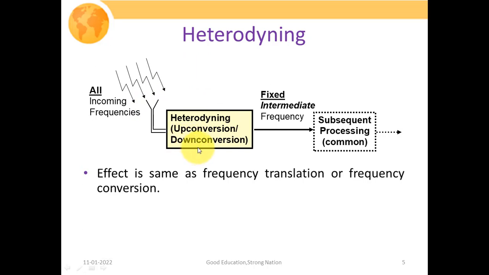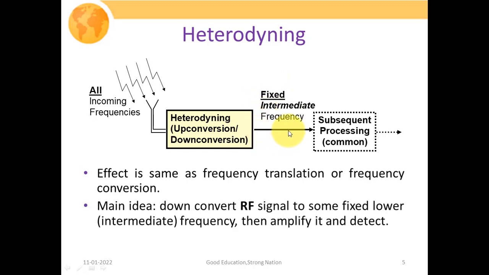That is, while receiving our signal we translate it onto another frequency signal, which is a fixed intermediate frequency. We already discussed intermediate frequency when we studied the TRF receiver, where we covered various intermediate frequencies for different applications. Here the idea in the super heterodyne receiver is to down convert our incoming RF signal to a lower or intermediate frequency, then perform subsequent processing. This is the key idea in the heterodyne receiver.